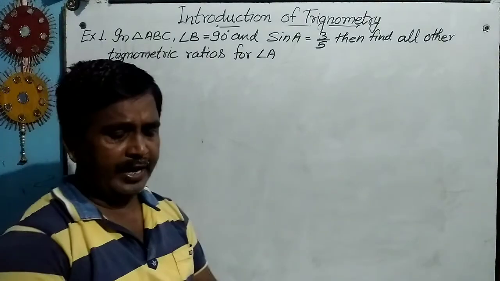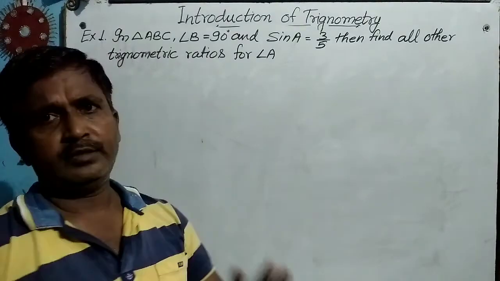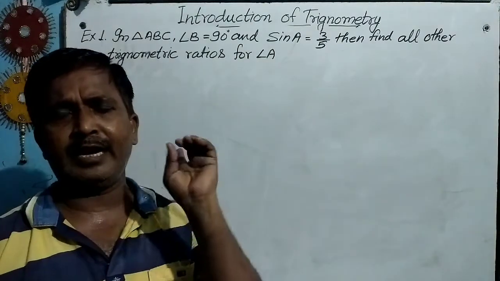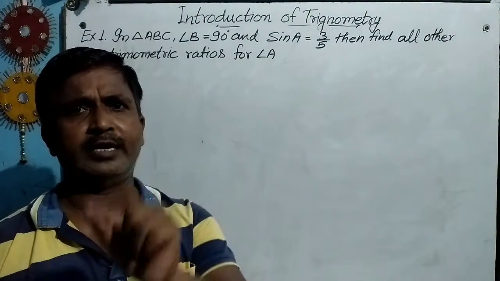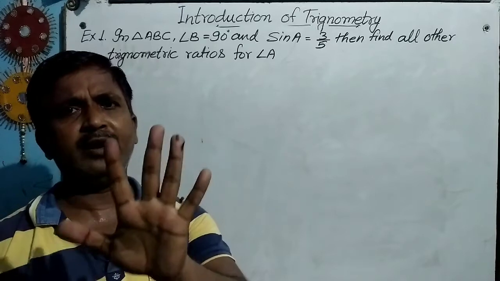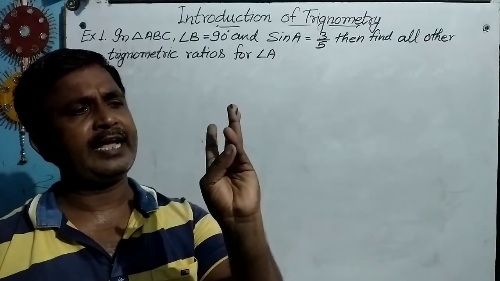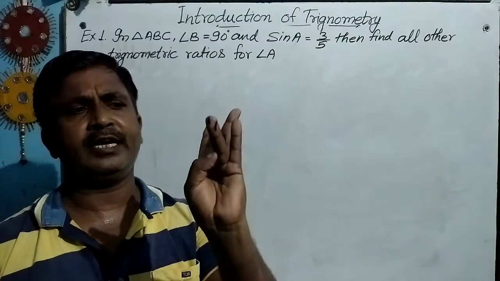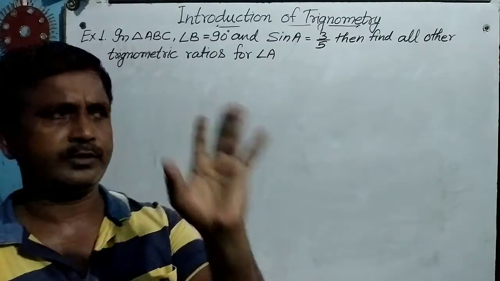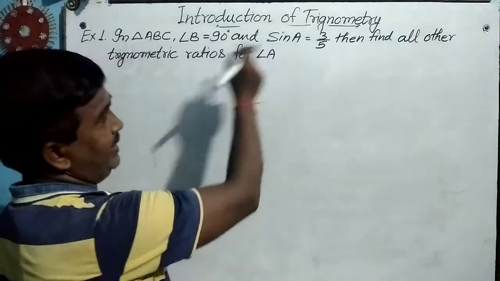Then how can we solve? There are 6 ratios I have told you in the formula ratios. There are mainly 6 ratios: sine, cos, tan, cosec, sec and cot. So what is given?